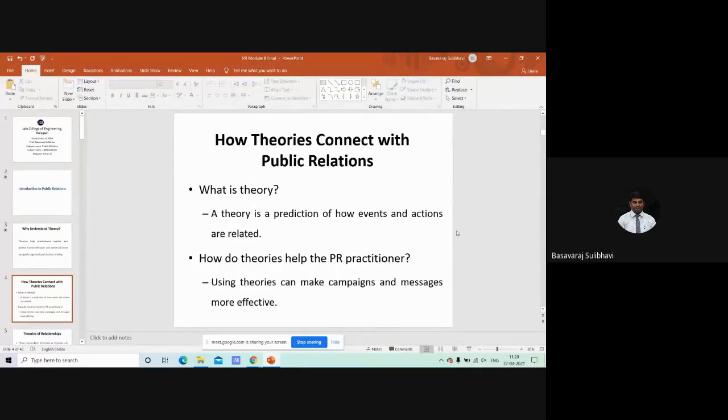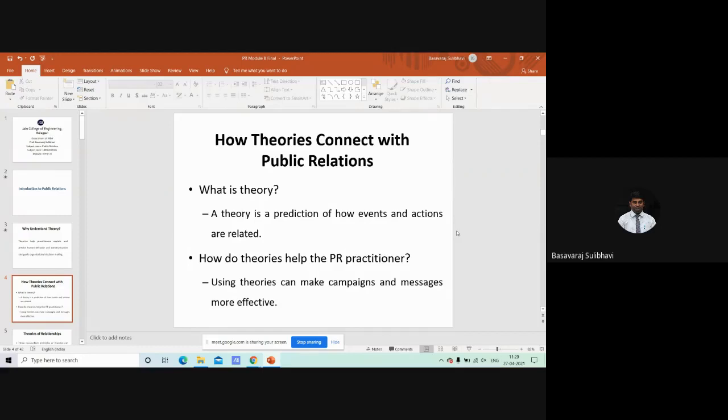A theory is a prediction of how events happen, and how actions relate to those events, which you can find in the public on the basis of their changing behavior. So it helps practitioners predict how events are going to happen, and how these events will make certain actions evolve among the public.